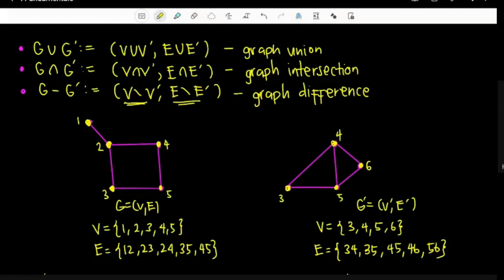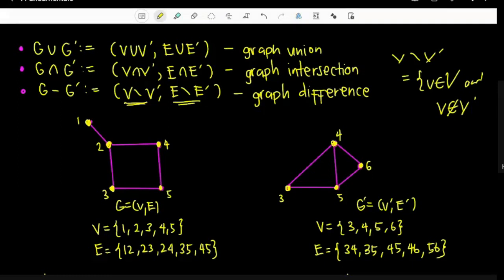Di ba in set theory, pag sinabi mong V except V prime, that's all the vertices V in your capital V and not in V prime. So, ibig sabihin, pagka yung vertex ay nasa V prime, aalisin mo yan. Now, when you remove a vertex, it should imply na lahat ng mga incident na edges doon mawawala.